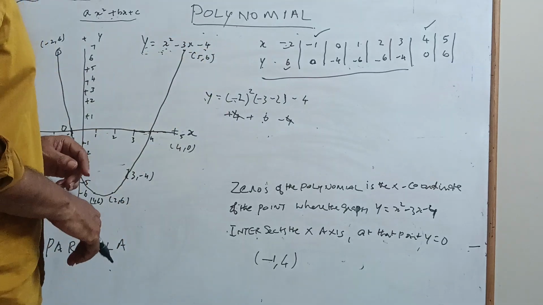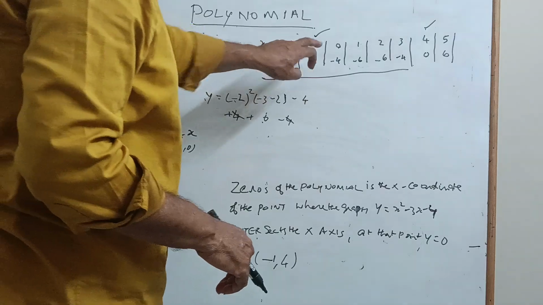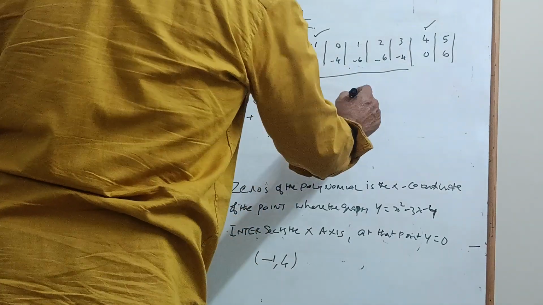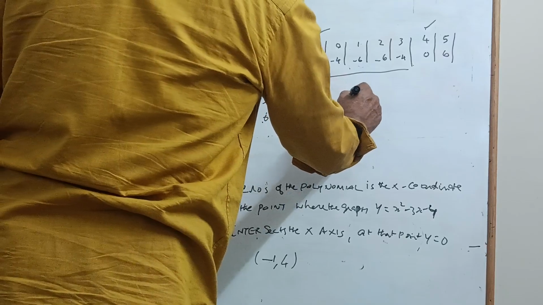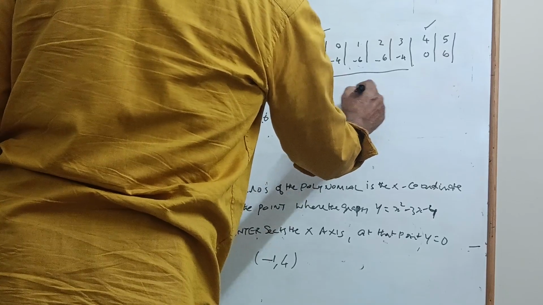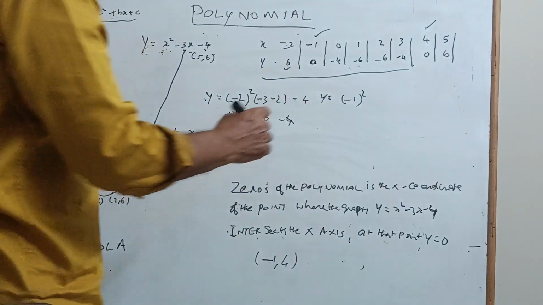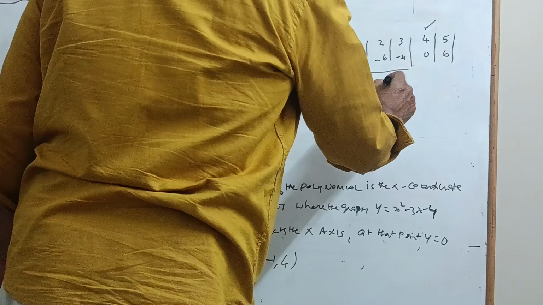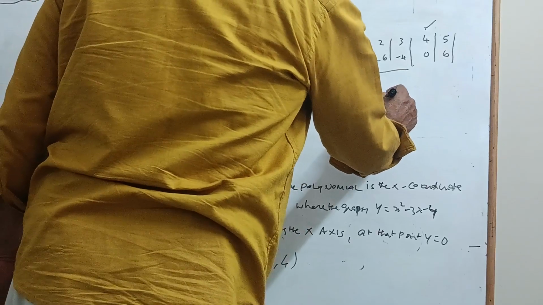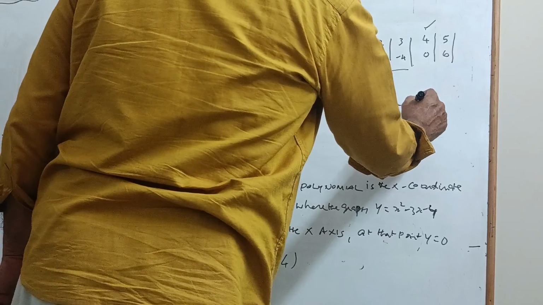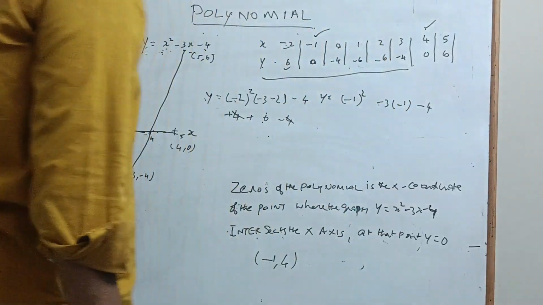Okay. Suppose I am putting minus 1 in this place, that is minus 1 the whole square, y equal to, in this equation I am putting, then minus 3 into minus 1 and minus 4. Okay.